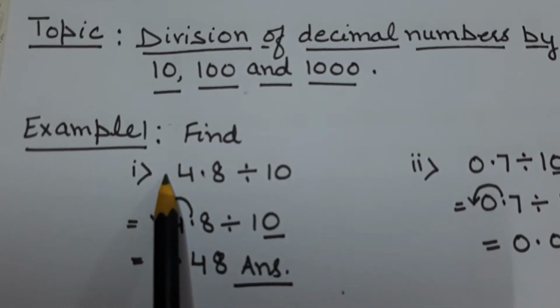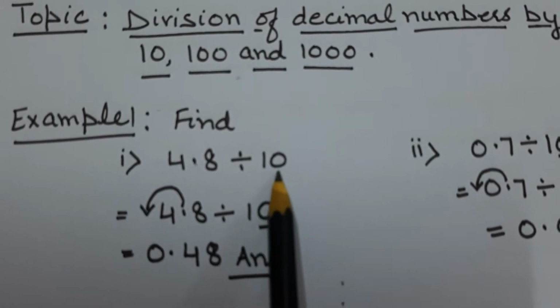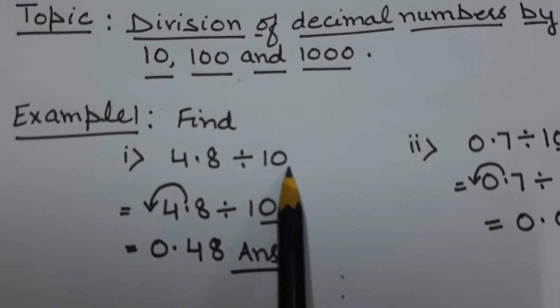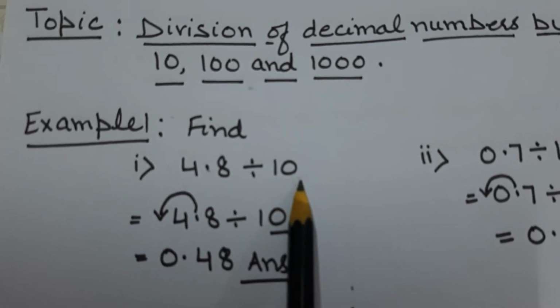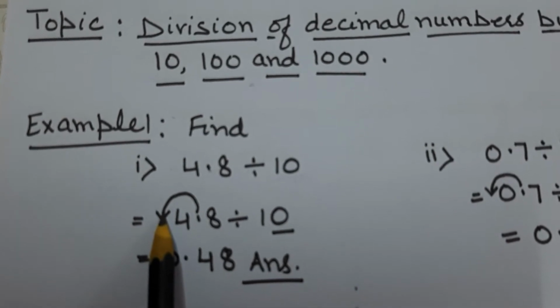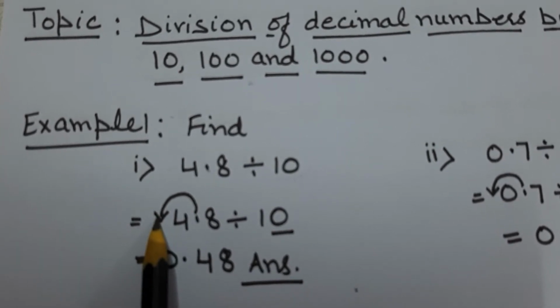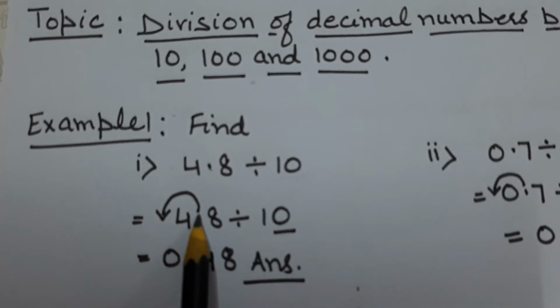Okay, but by how many digits? It depends upon the number of zeros. Now here the number of zeros is 1, so this decimal will be shifted by 1 digit only towards the left-hand side.